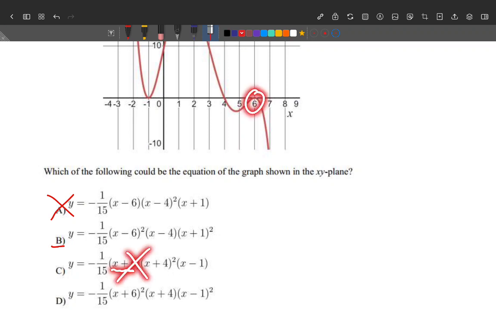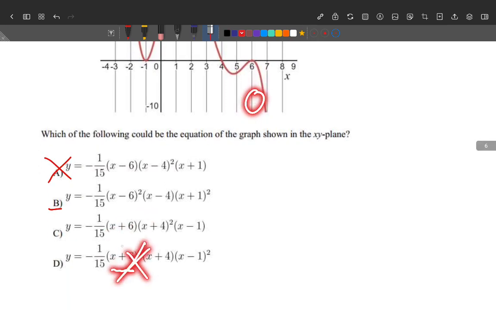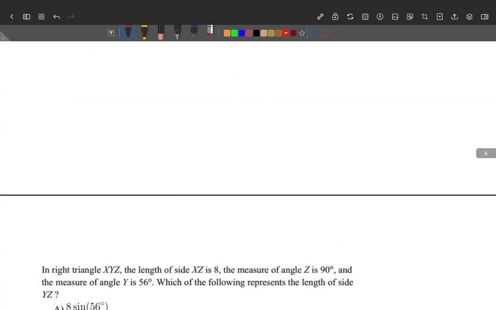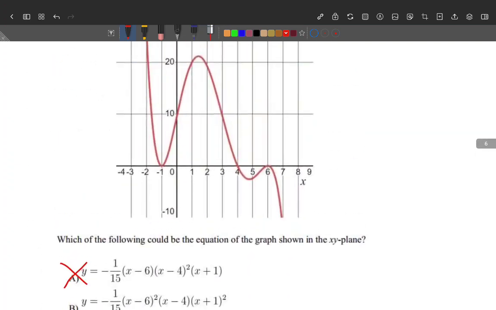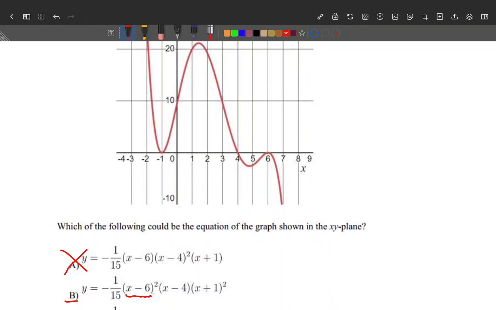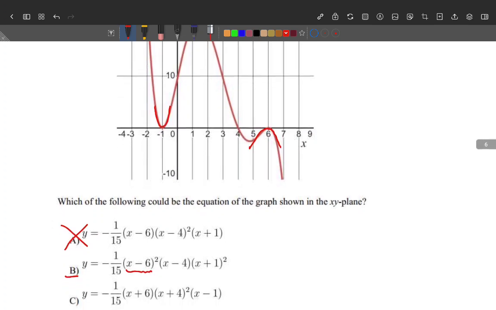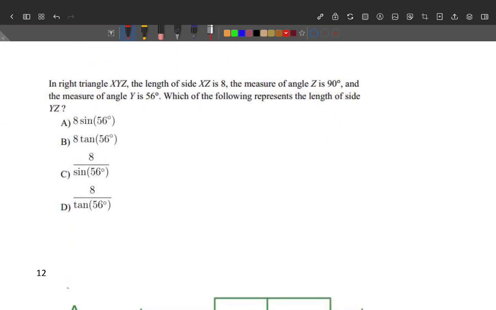Because of this we can exclude this one and this one also. The only answer is B. By the way, if there is quadratic, it will be like a parabola here. It's a very interesting fact.